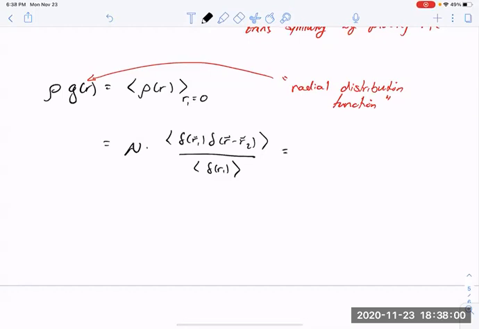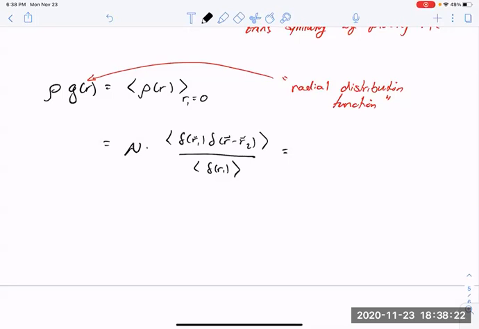If this system was completely uncorrelated, if I could average the positions of particles separately, I could separate that average in the numerator, average them by themselves.